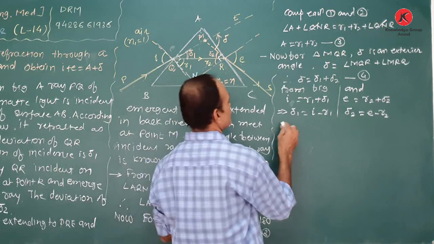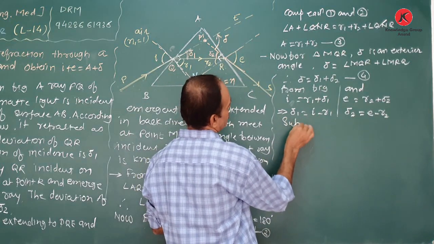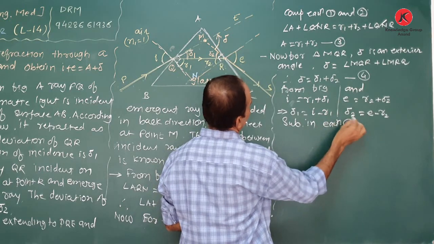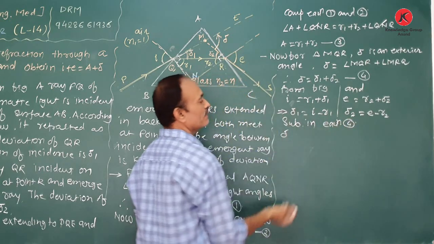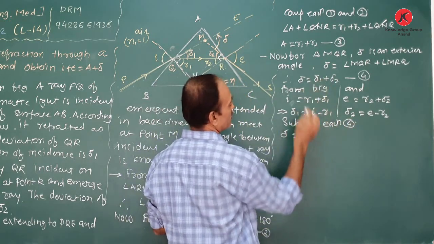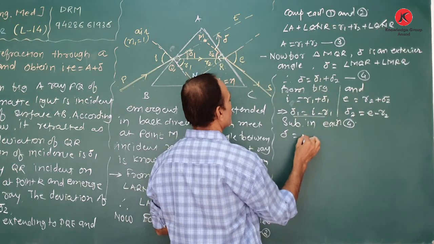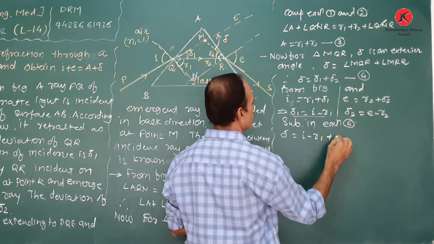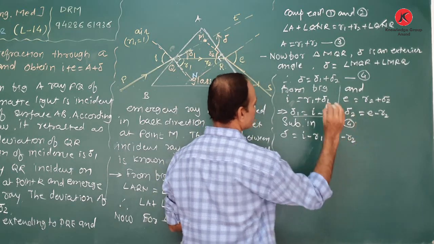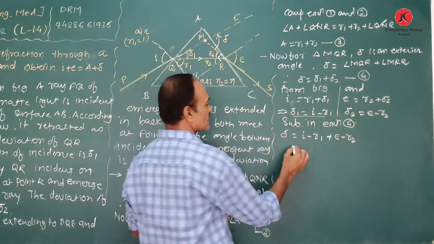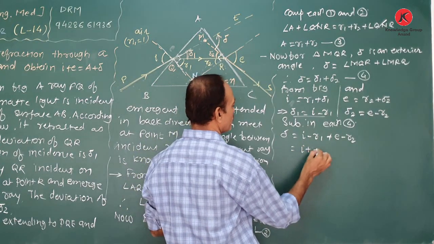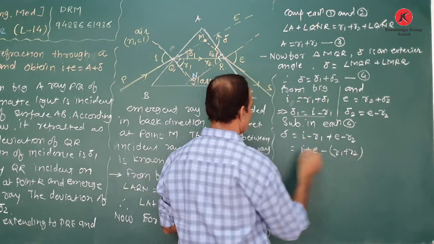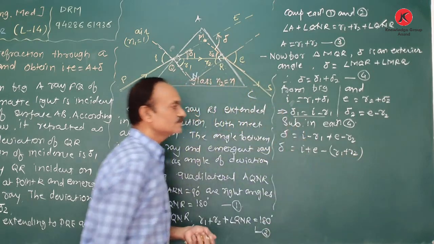Substitute in equation 4. Our equation for delta becomes, instead of delta 1, I minus r1, plus delta 2, E minus r2. Adding in that form, I plus E, minus sign common, r1 plus r2, that is the delta.